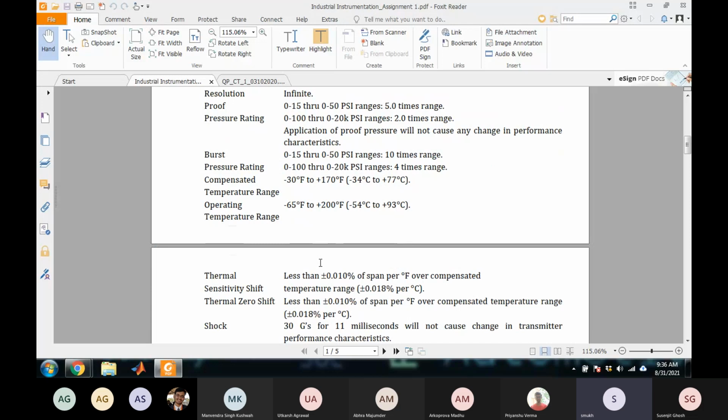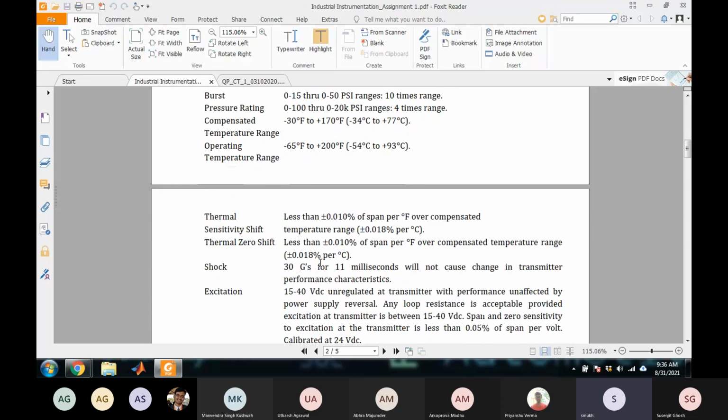Then that is the nominal thing. Now you come to all those interfering and modifying inputs. The temperature range is, now you see again this thing is coming. Temperature is again both a modifying input and an interfering input. Read this part.